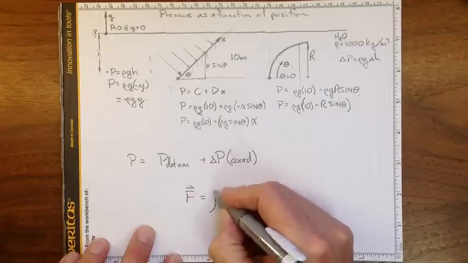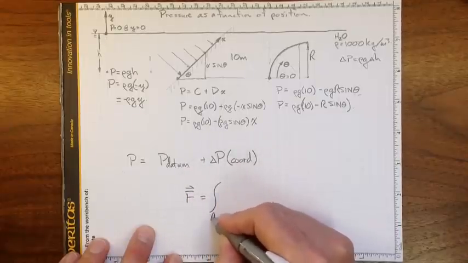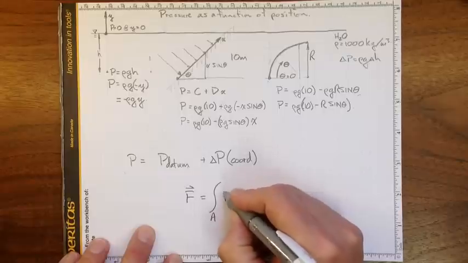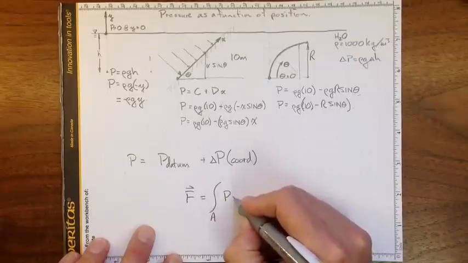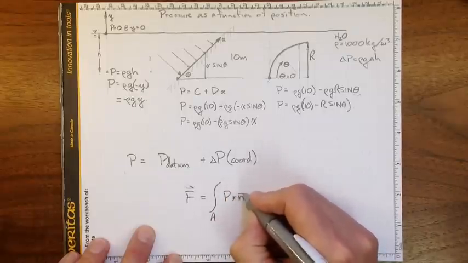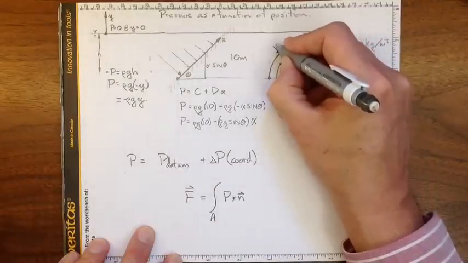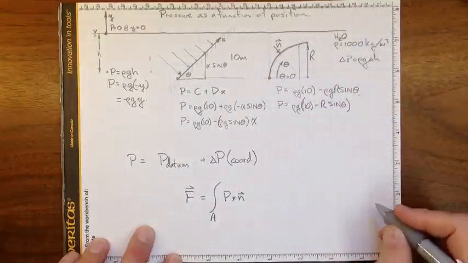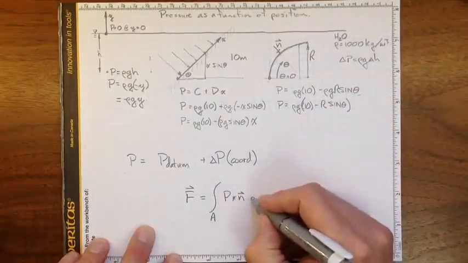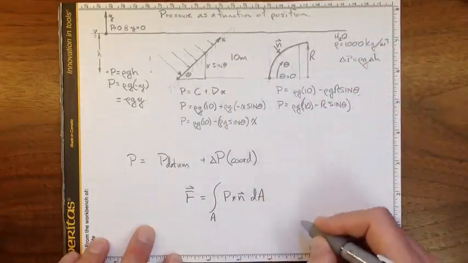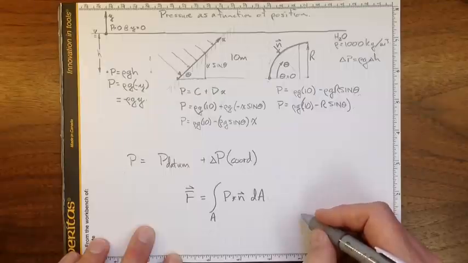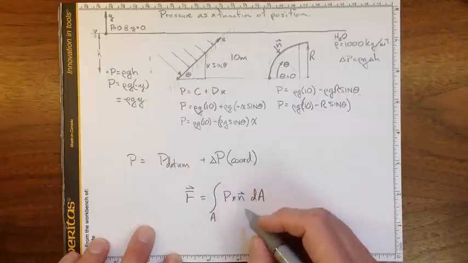Because once you wind up integrating to get a force equal to the integral over an area of the pressure times the unit normal vector acting inwards, integrated over the area, you'll need to be able to do this integration.